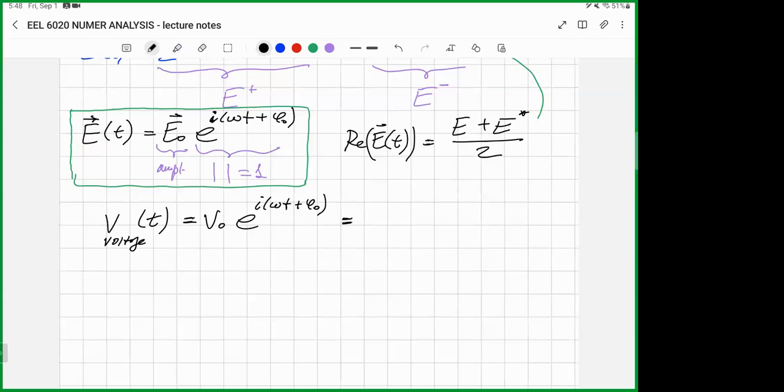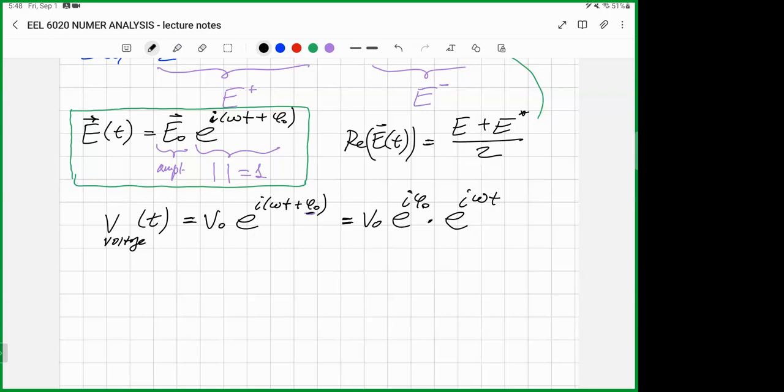I can rewrite this by factorizing this phase as V sub 0 e to the power of I phi sub 0, that's the second term, times e to the power of I omega t.